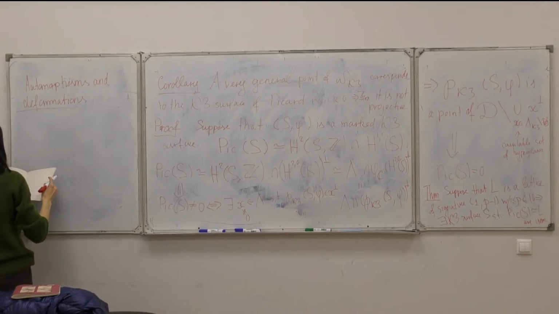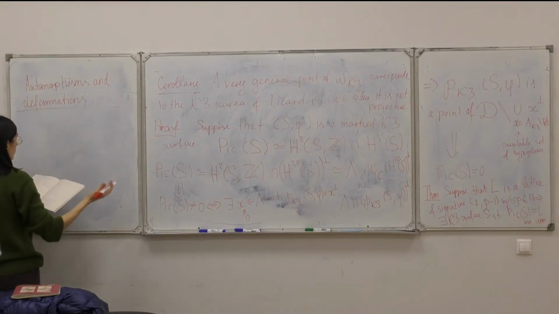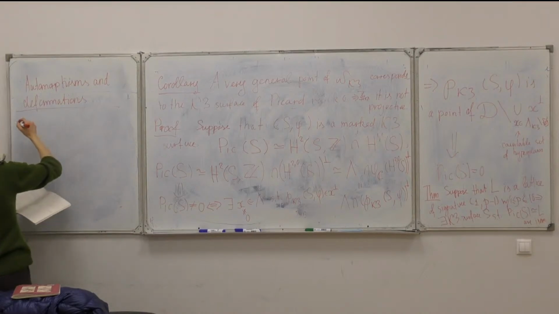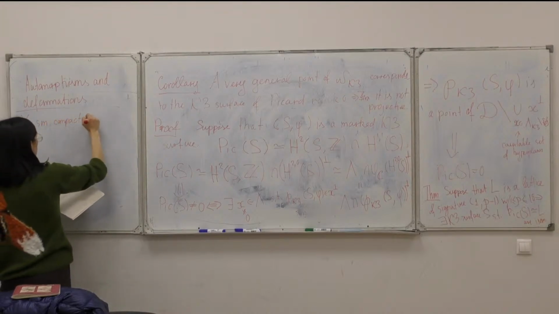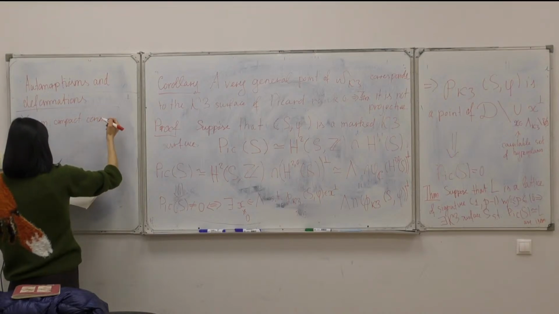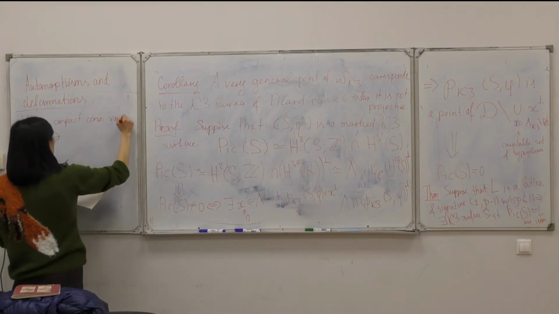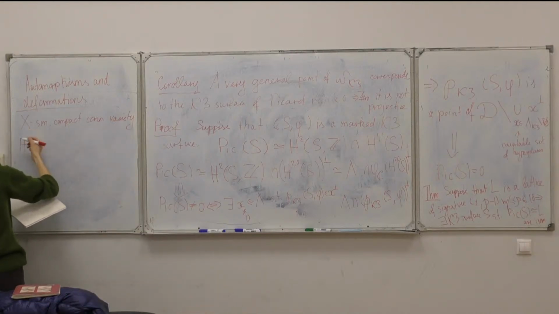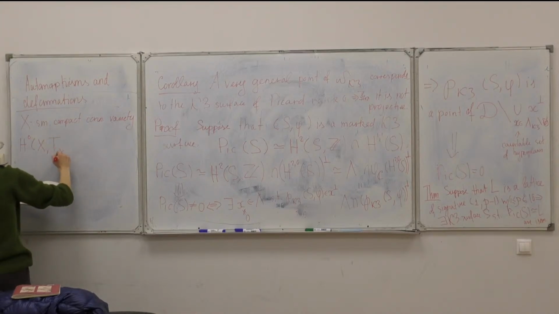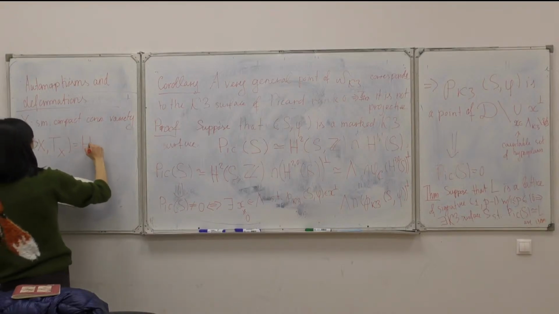So suppose we have a smooth compact connected variety, and suppose we have a smooth universal deformation of this variety, that is, we have the following vanishing of global sections.